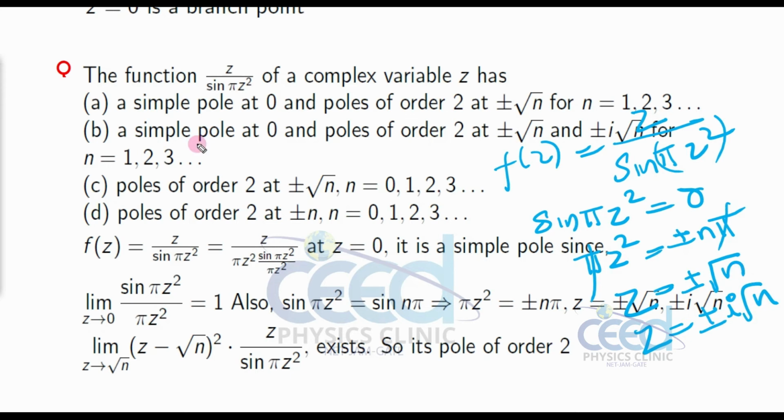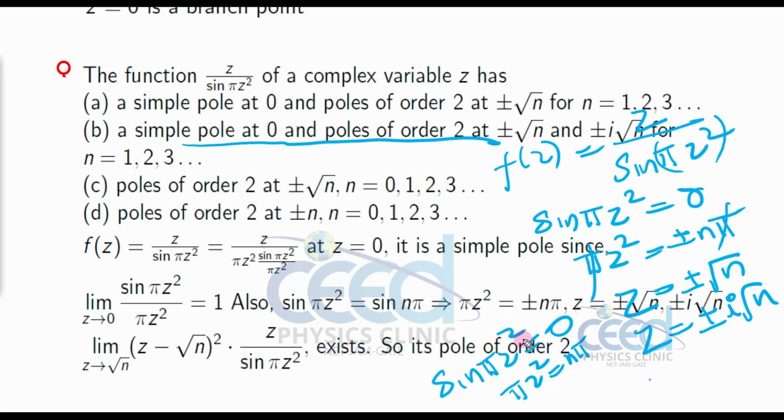So a simple pole at 0 and poles of order 2. A simple pole at 0, yes. So we can take n is equal to 0 also here, right? Suppose n is equal to 0, at that time sin pi z square is equal to 0 when pi z square is equal to n pi, where n is equal to 0 also.